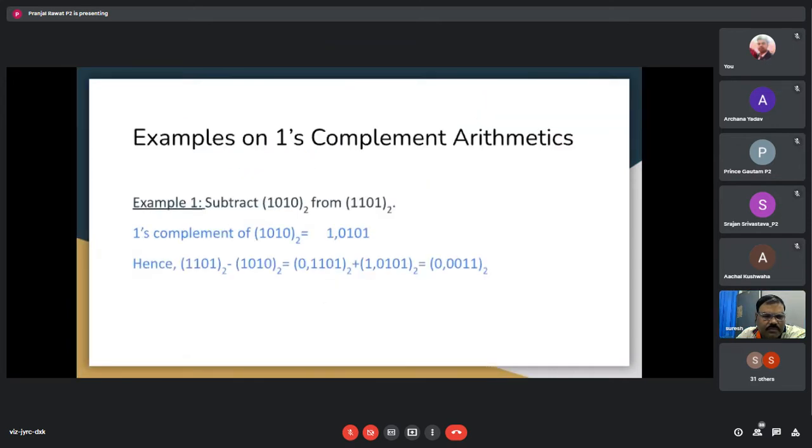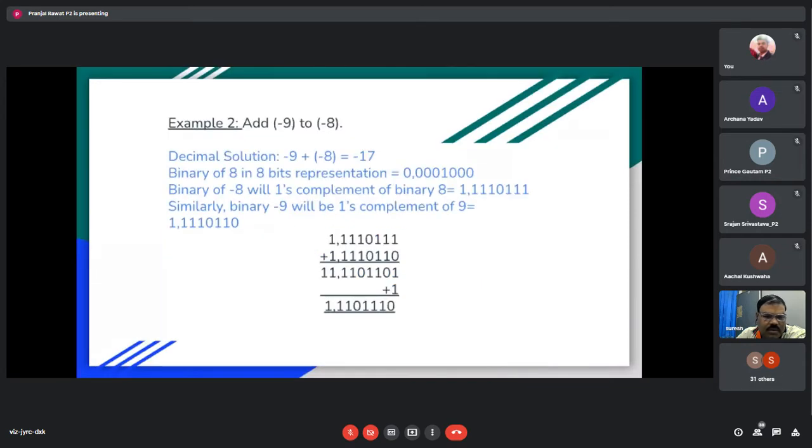Sir, can I proceed? So now we have to add -9 to -8. The basic decimal solution for it will be -9 plus -8, which is equal to -17. For the 8-bit representation, the binary equivalent of 8 will be 0,0001000.